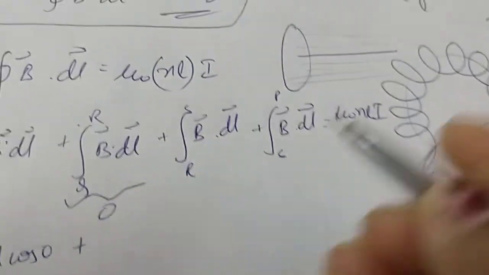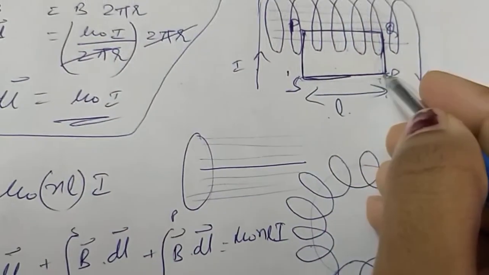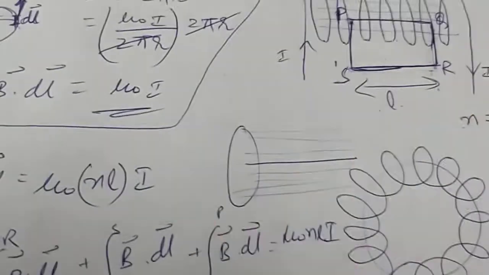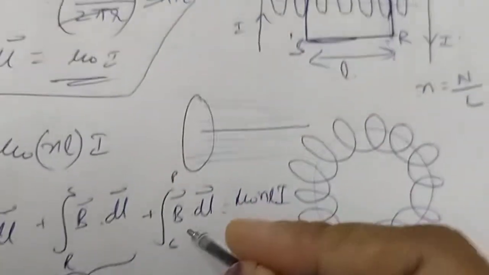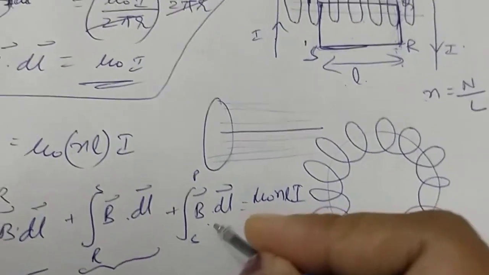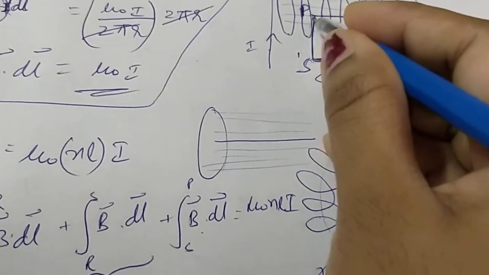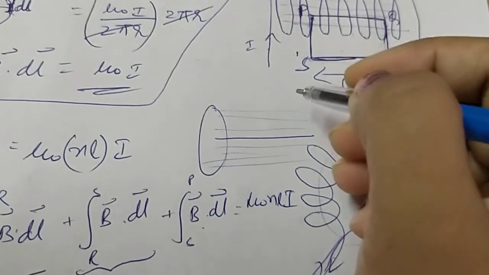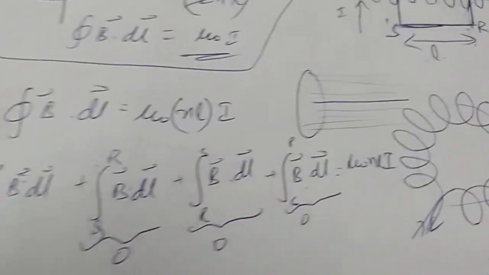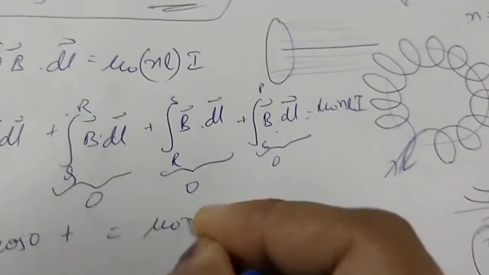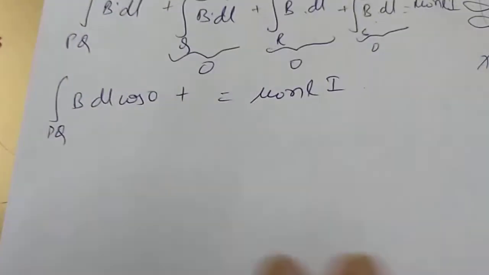Just outside the solenoid, the magnetic field is 0, so this is also 0. And here again, this part has no magnetic field, and in this part B and dl are perpendicular, so this will also be 0. So everything else is 0, and it is just mu naught n L I. So that is for PQ. Now B is uniform.